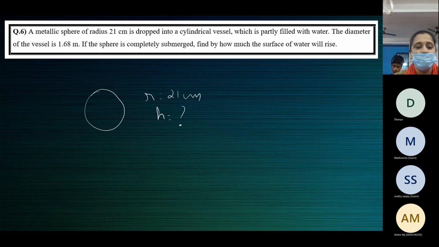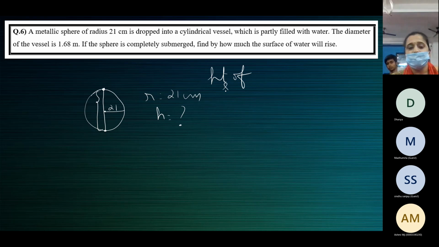The height of the sphere is 42 because the radius is 21. From here to here is the height, which is the diameter, 42.